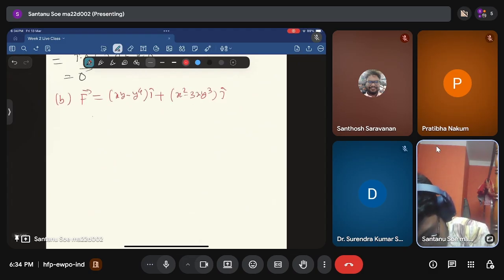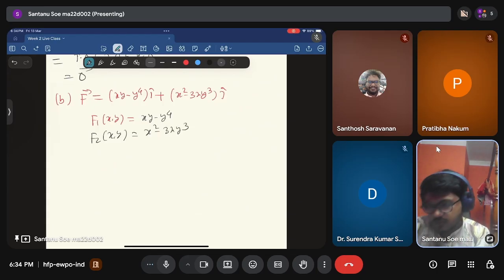So this f1 of xy is xy minus y to the power 4, and f2 of xy is x square minus 3x y cube.